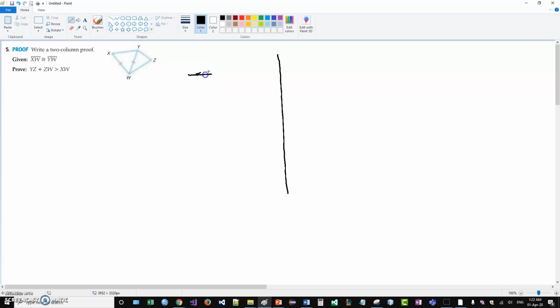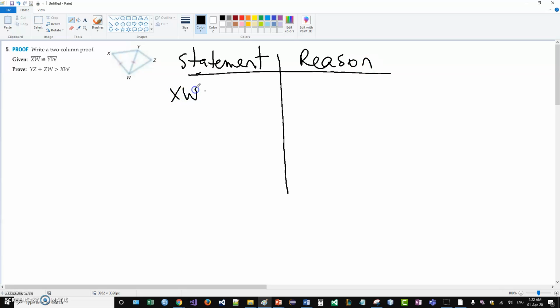So let's start with the proof. Statement, reason. We always start with the given. So XW is congruent to YW. That's given.